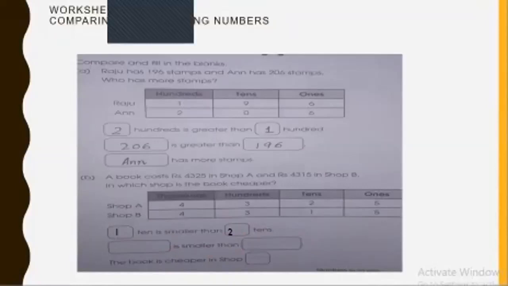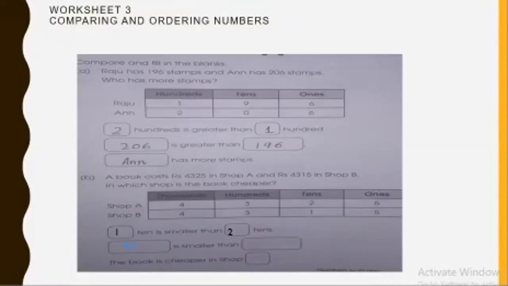You are going to mention the value of the cheaper shop, that is 4,315 is smaller than 4,325.